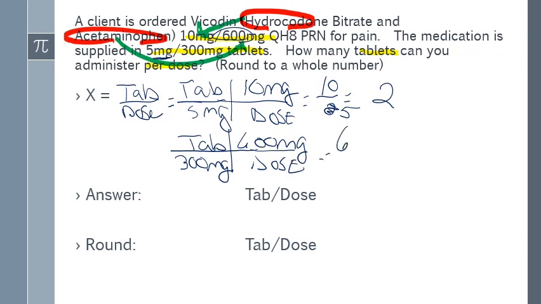That leaves us 600 divided by 300. Also, final answer, 2 tabs. So again, when you have a medication that has 2 medications in one pill, when you're solving and trying to figure out what you're going to give, stay on the left or stay on the right all the way through the problem.